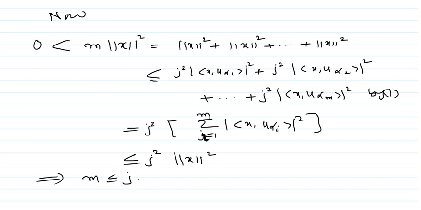So the number of elements in Ej is less than or equal to j squared. j squared is a finite thing, so Ej has at most j squared elements.